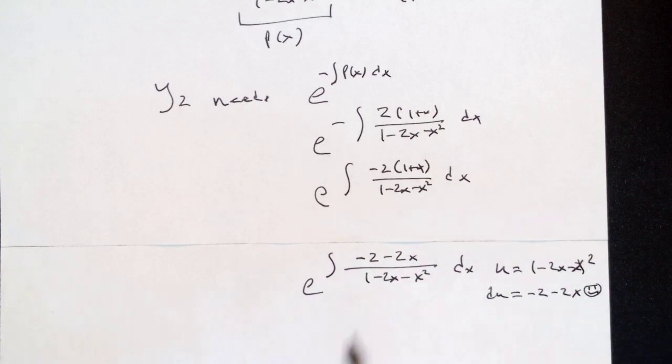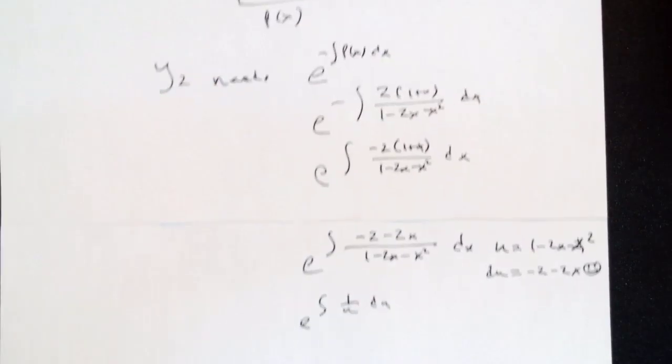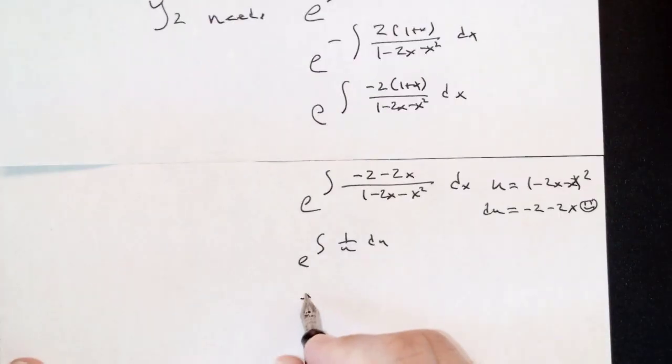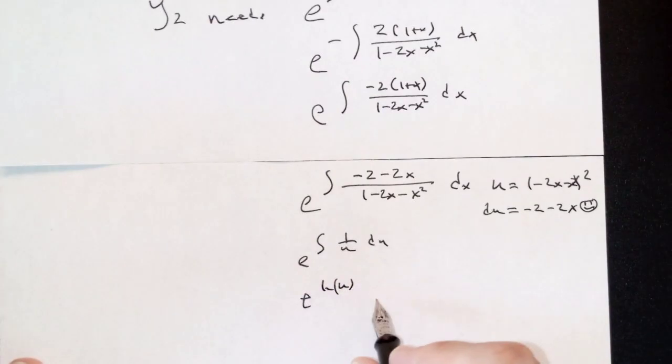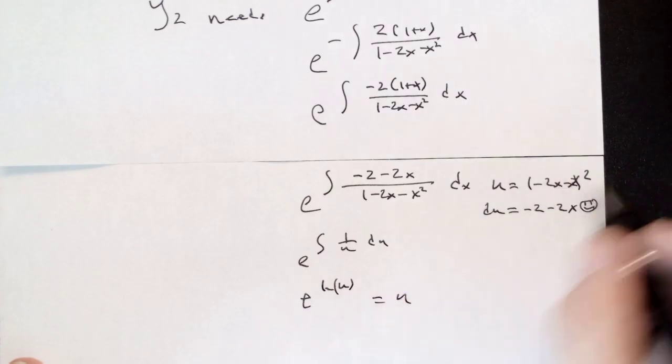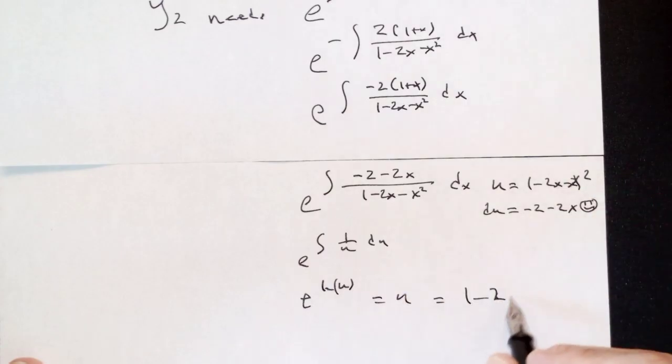That makes this e to the integral of 1 over u du. What's that? Hey, e to the ln of u, the e and the ln cancel, that's just u. So I get 1 minus 2x minus x squared.